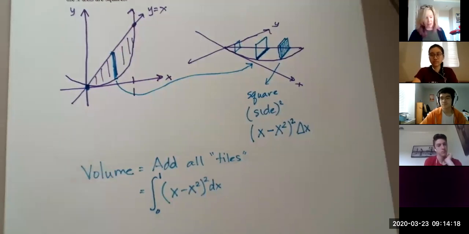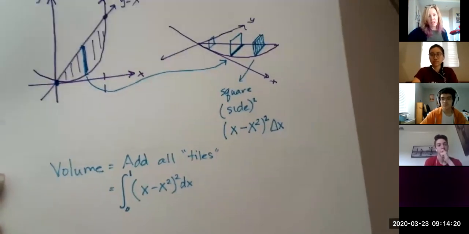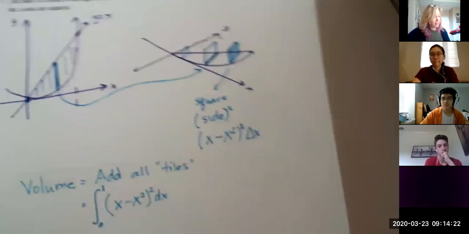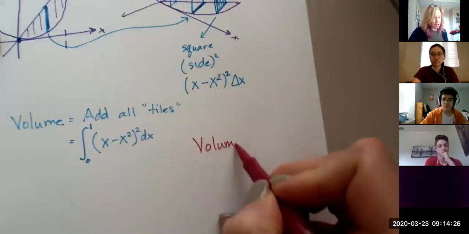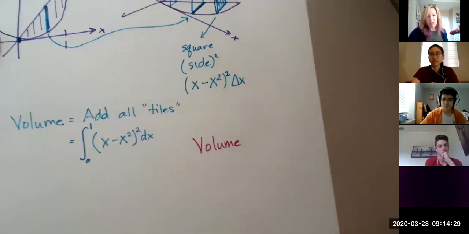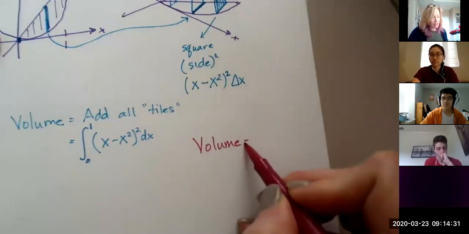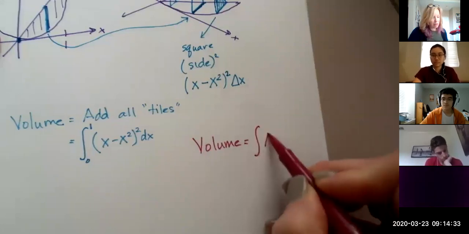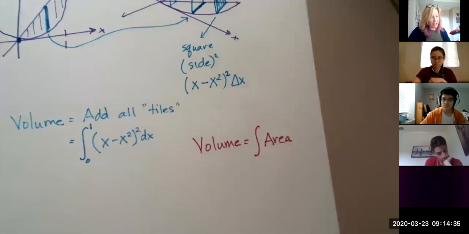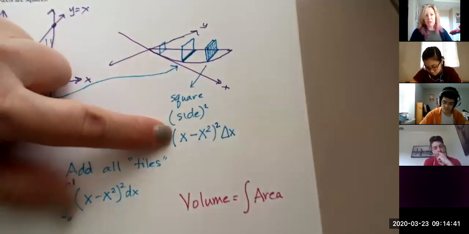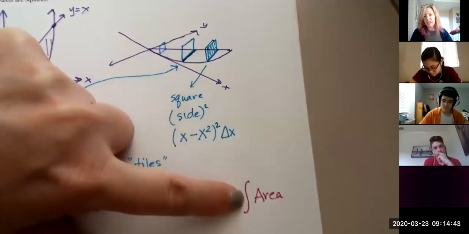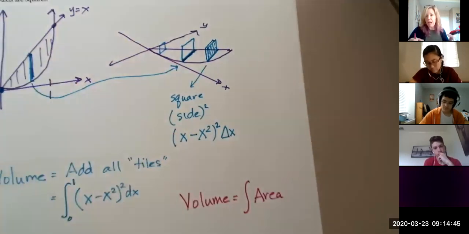So I'm going to put a hold on that for just a minute and talk about, in general, what does this mean that we're doing? The idea behind all this is that if I'm trying to find the volume of some sort of three-dimensional object, that is equal to the integral of whatever formula I have for the area of each of those individual slices. So since this was a square, we use the area formula for a square, and I'm integrating the area in between those boundary values.